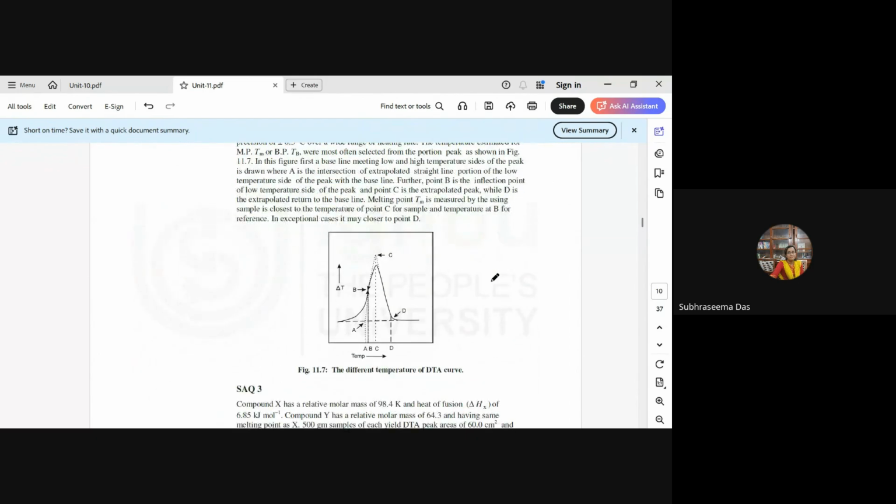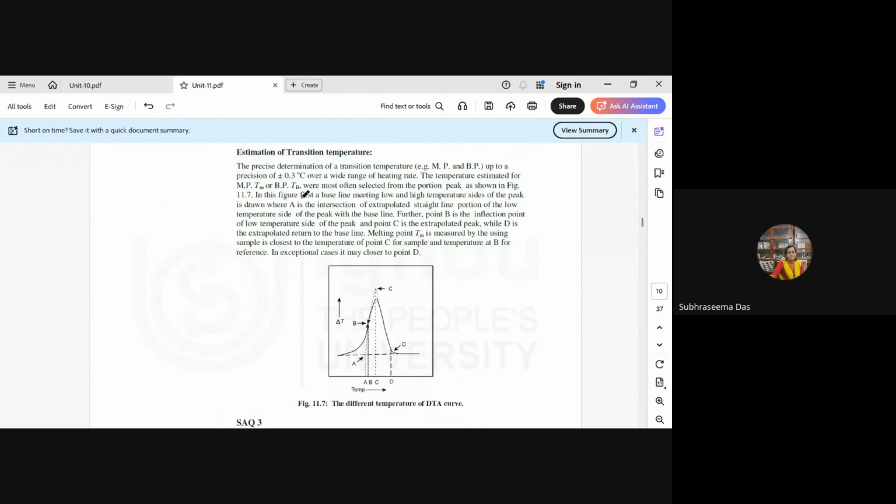Now, estimation of transition temperature. The precise transition temperature, that is the melting point and boiling point, can be measured over a wide heating range. The temperature estimated for melting point, that is Tm, or boiling point, that is Tb, is shown from the portion of the peak. Here it is shown in figure 11.7.